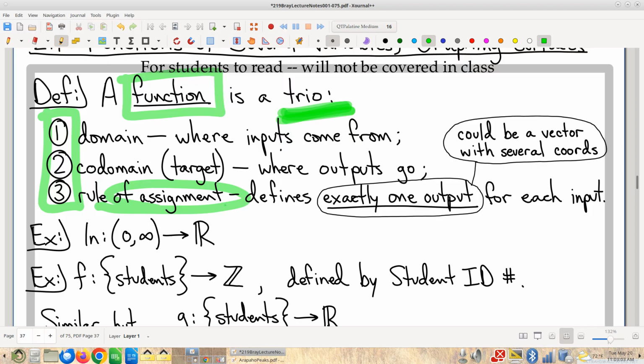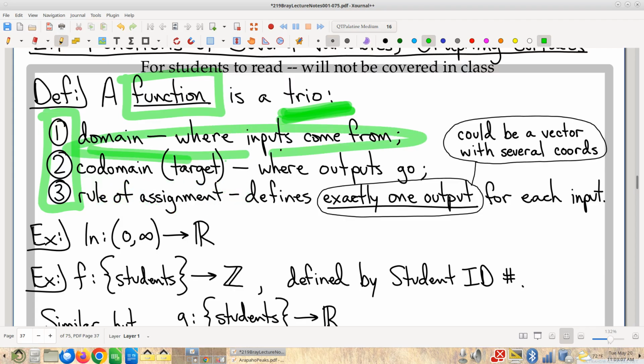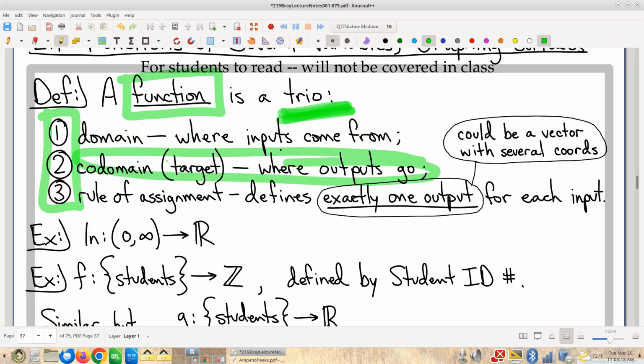It doesn't have to be an actual formula. So the input space, what I like to call the input space, casually, is where you're getting your inputs from, right? And then it has to have an output space, again that I described casually. Where do the outputs go?